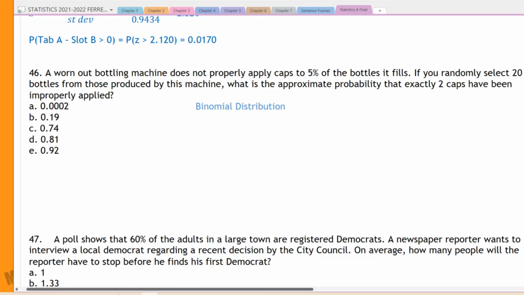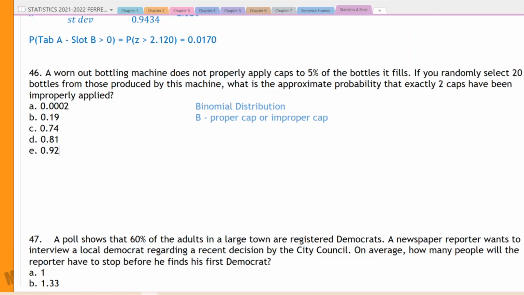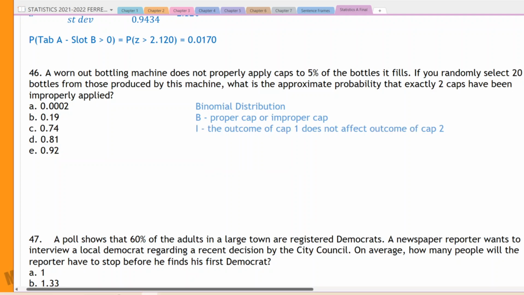So before we go full in on binomial distribution, let's make sure by going through the 4 conditions for a binomial distribution. So for B, is this binary? Well, we have a proper cap or an improper cap. That works. For independent, that means that the outcome of cap 1 should not affect the outcome of cap 2.